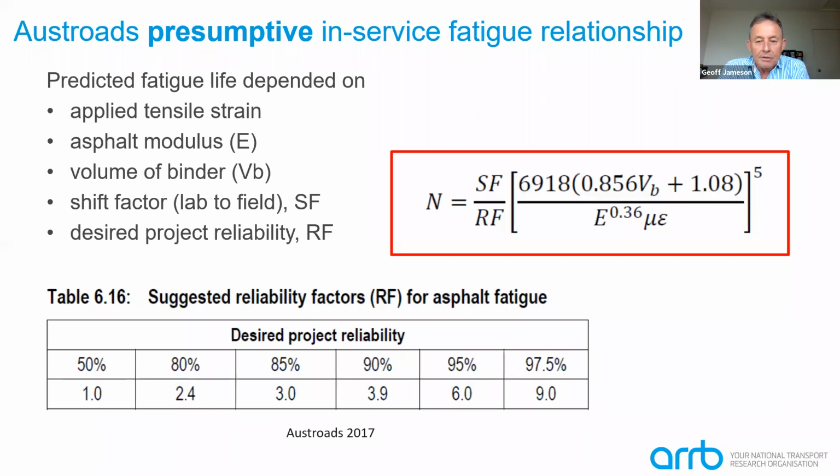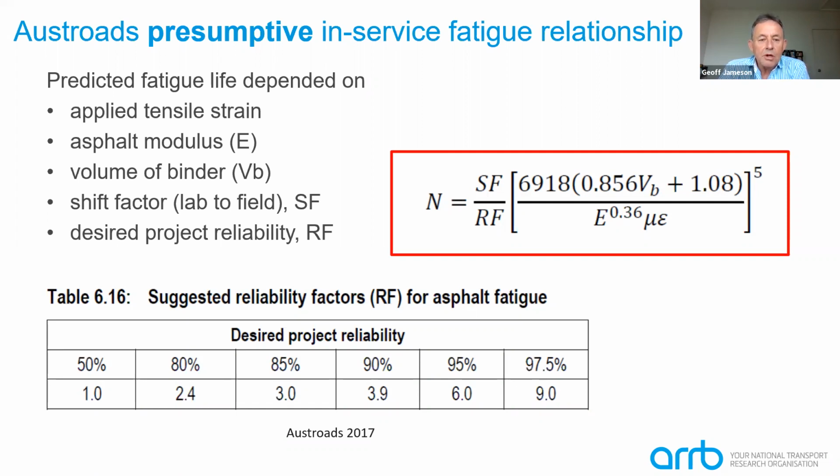It takes the form shown in this equation on the slide, where the fatigue life, or the allowable loadings to that terminal condition, depends on the applied strain, this tensile strain at the bottom of the asphalt, the modulus, and the volume of binder, VB. As you increase the volume of binder, the fatigue life increases.